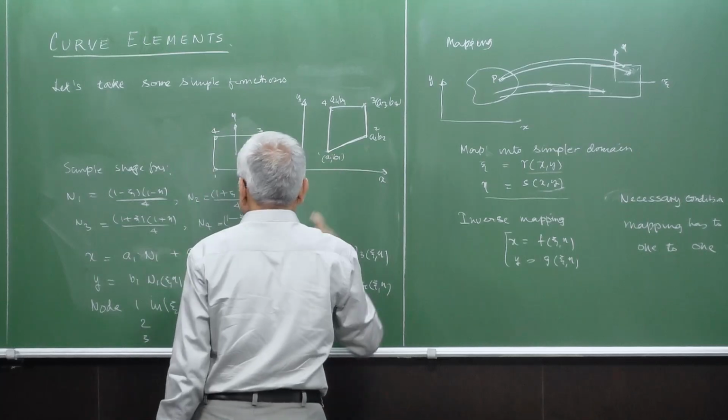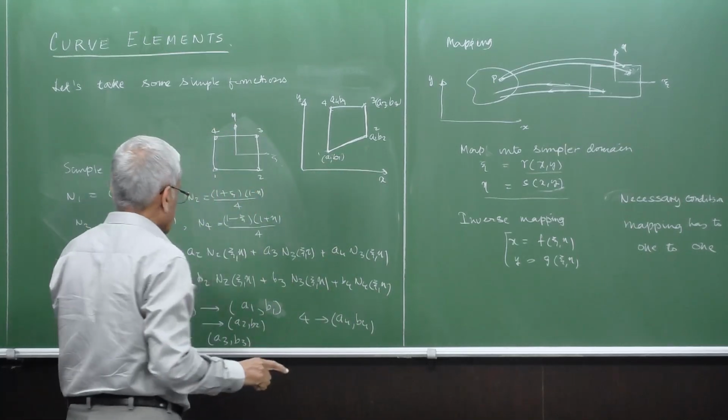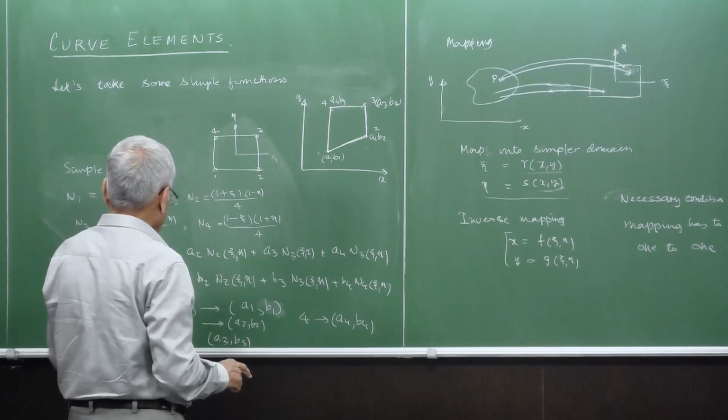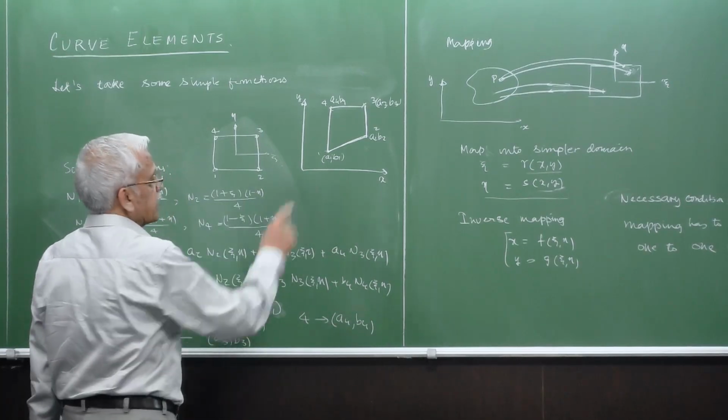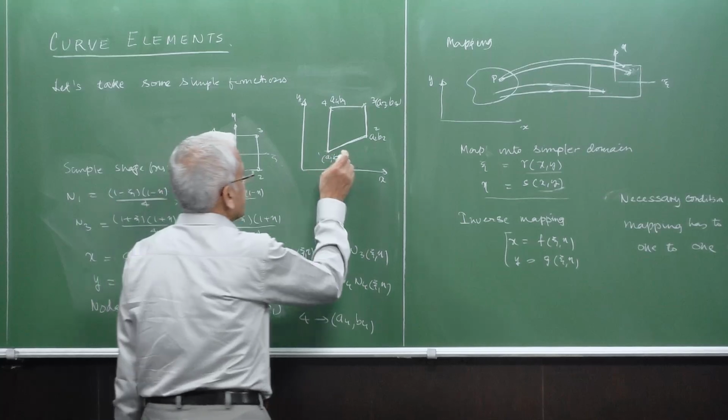So if you properly choose these constants a1, a2, a3, a4 and b1, b2, b3, b4, what can it represent? A quadrilateral.